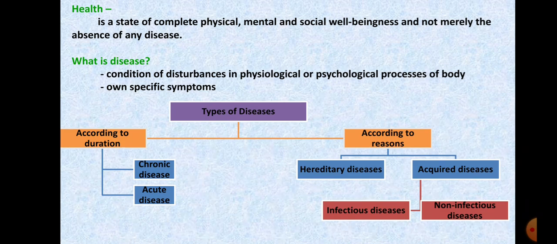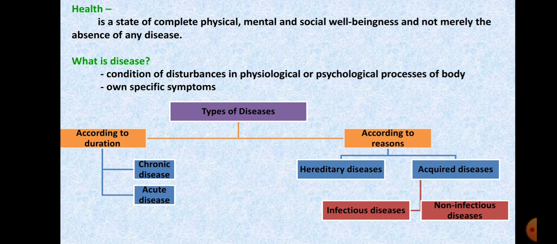Such diseases are called as hereditary diseases, like Down syndrome. It is a hereditary disease. The other one is acquired diseases. The diseases which we acquire or which we get are called as acquired diseases.